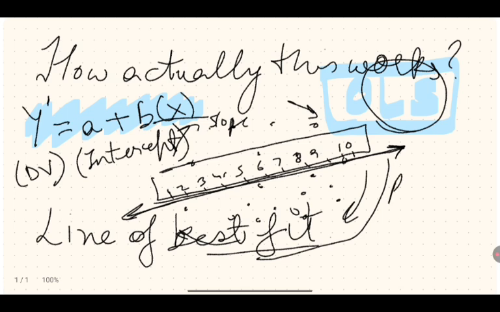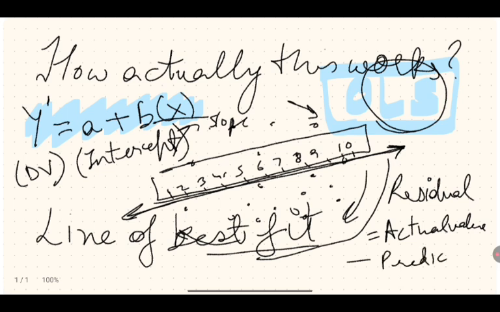As I told you, residuals are the errors calculated from the available sample data through the formula: actual value or observed value minus predicted value.